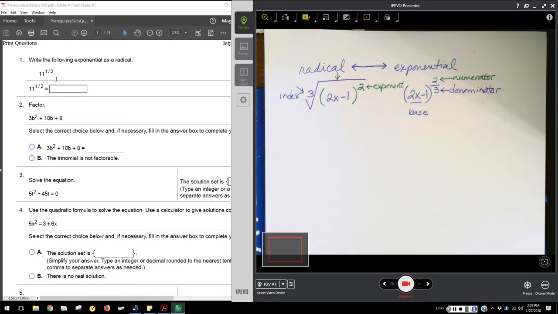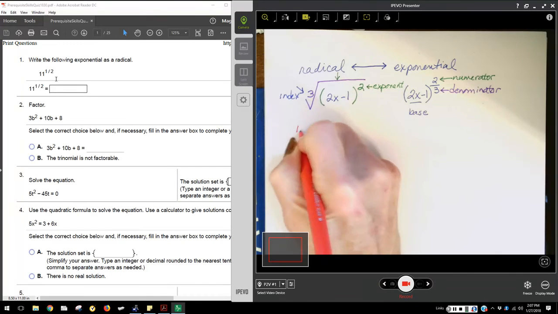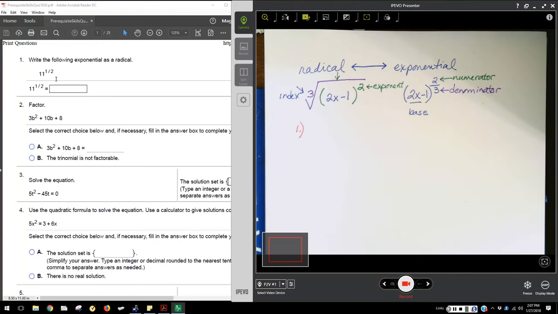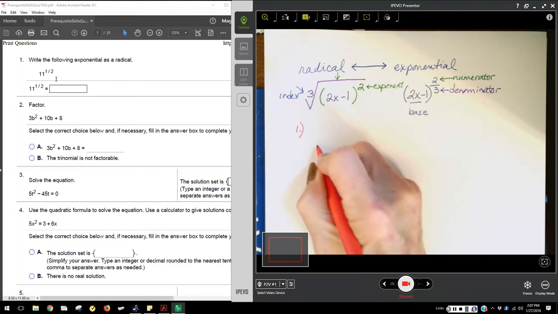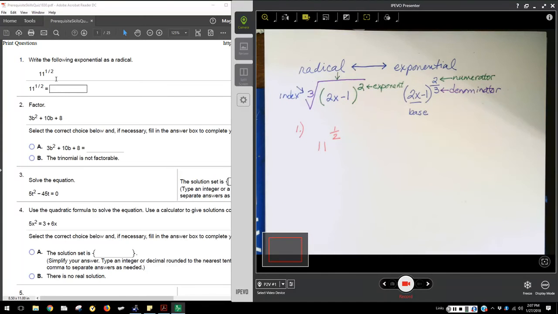So to proceed now with our first example, what we see is that we have the exponential expression, 11 to the 1/2 power.